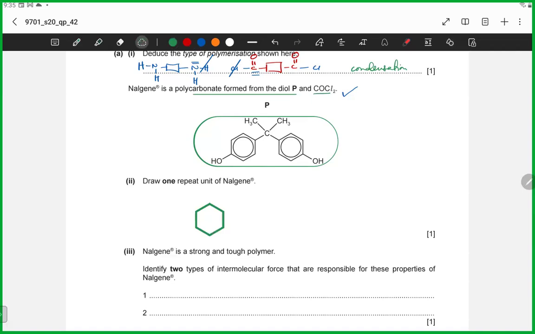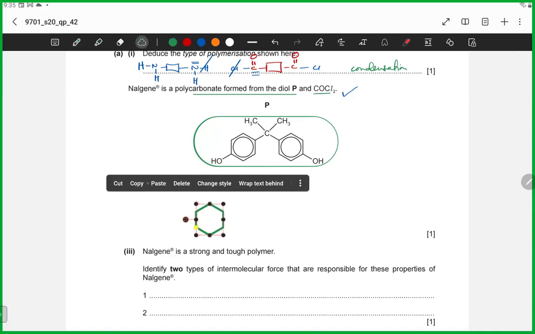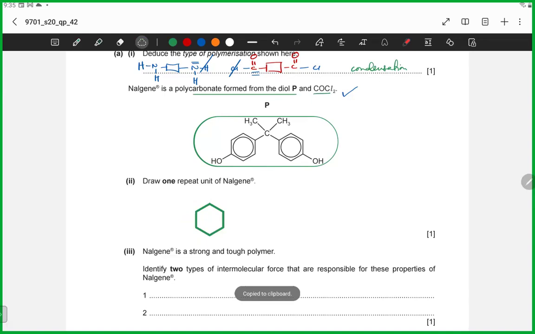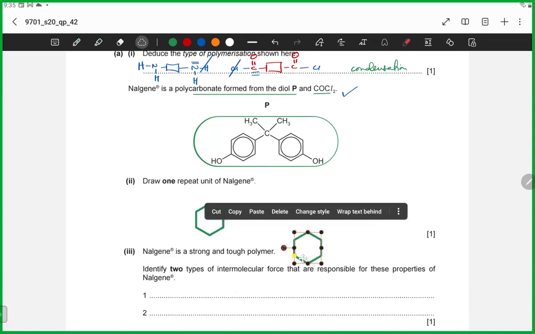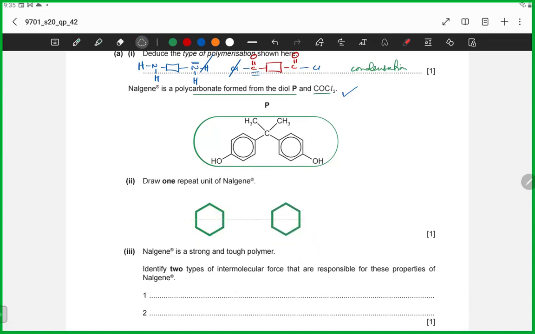Okay, so it has 2 benzene rings, and it's got the rest of the stuff, which is 2 CH3s, and you've got an OH and you have an OH here.